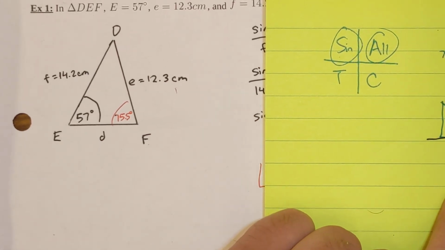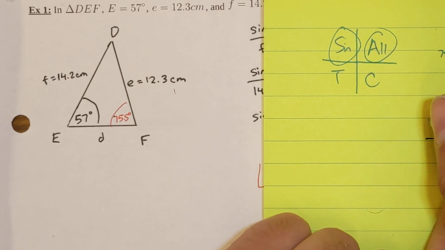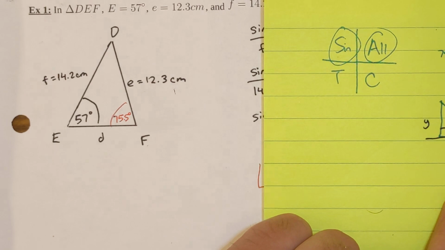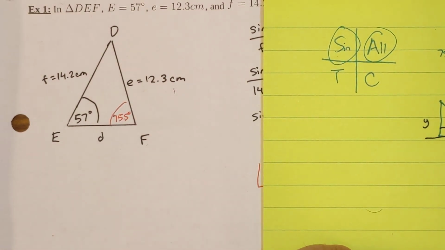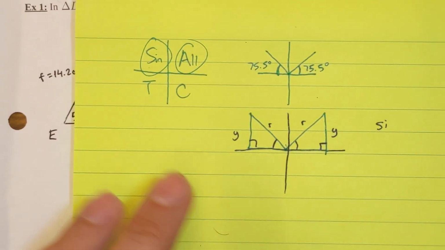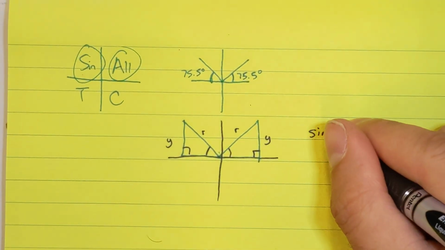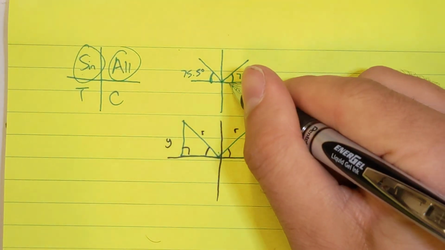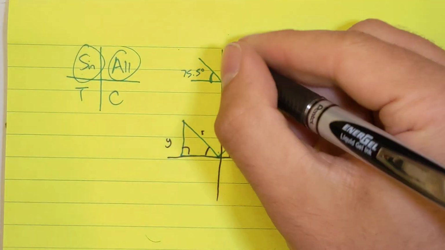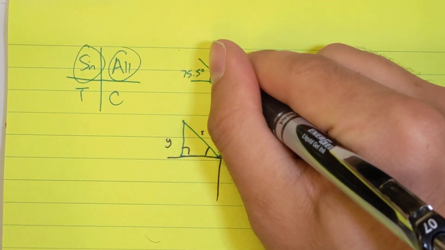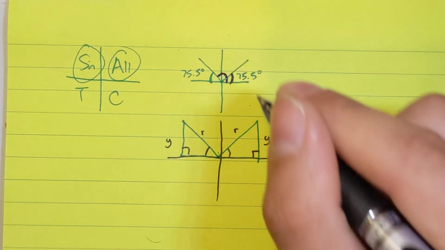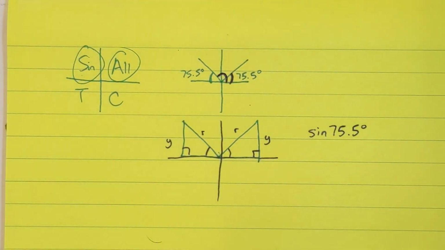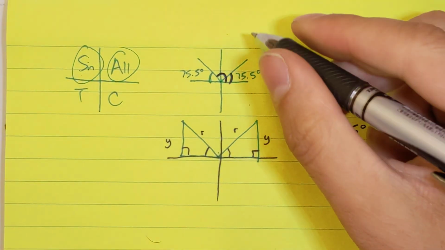Where I have the same angle here and here. Sine was made up of a y value and an r value, and that y value is the same for both of those triangles. So sine of 75.5 degrees, this angle here, has to be the same as the sine of this angle here, starting in standard position from that initial arm.